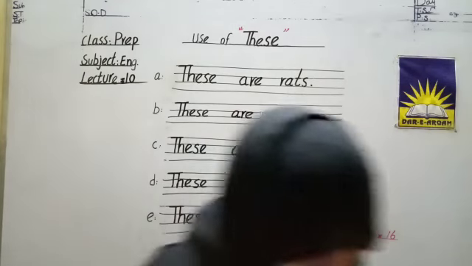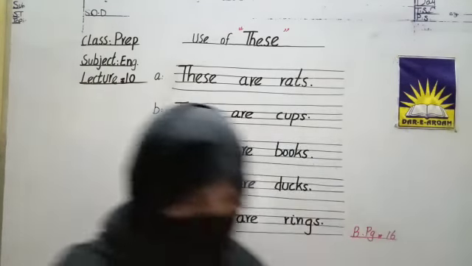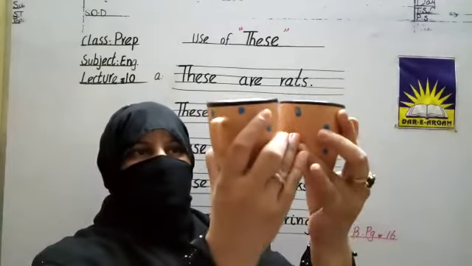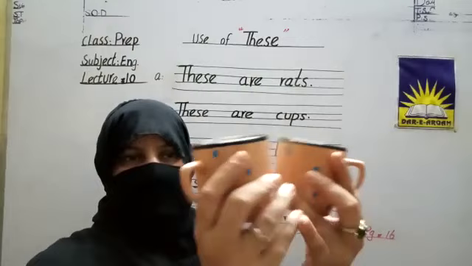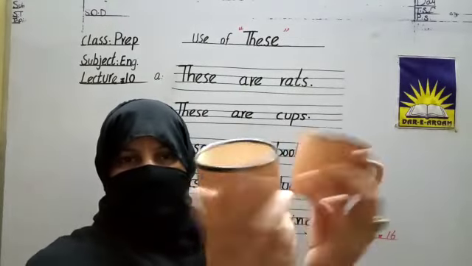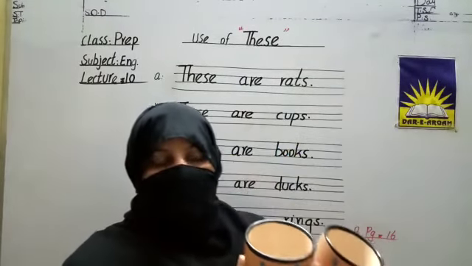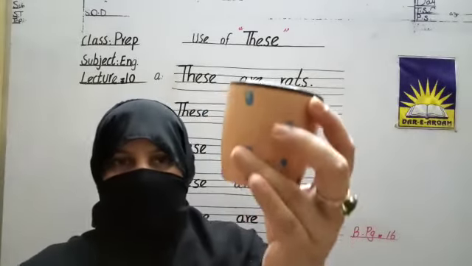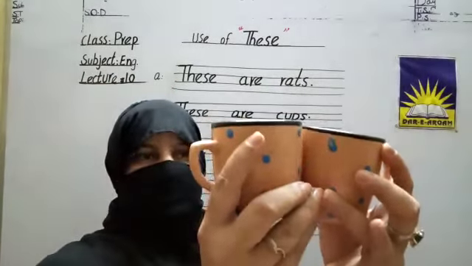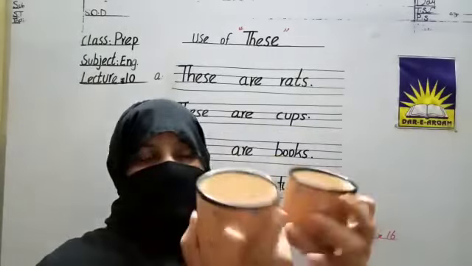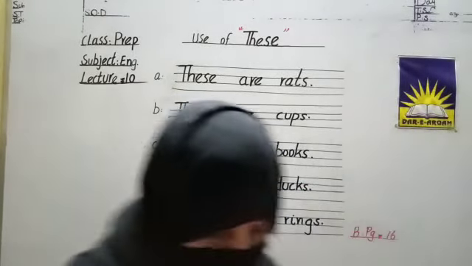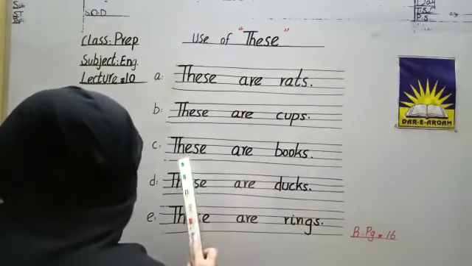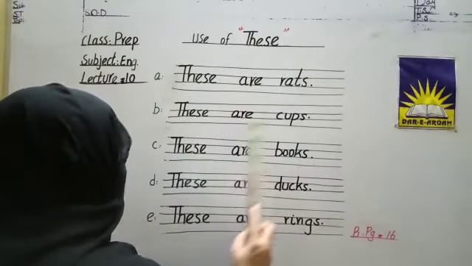I show you cups, 1 and 2. How many cups are in my hand? 1, 2. And cups are a plural object. So that's why we use here these. These are cups.